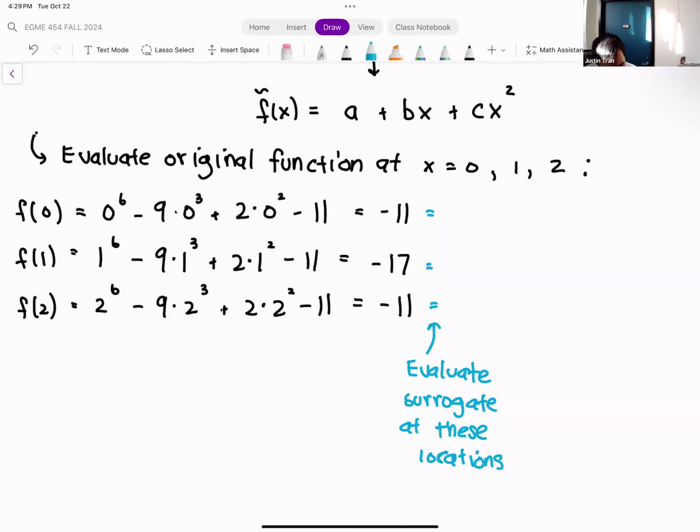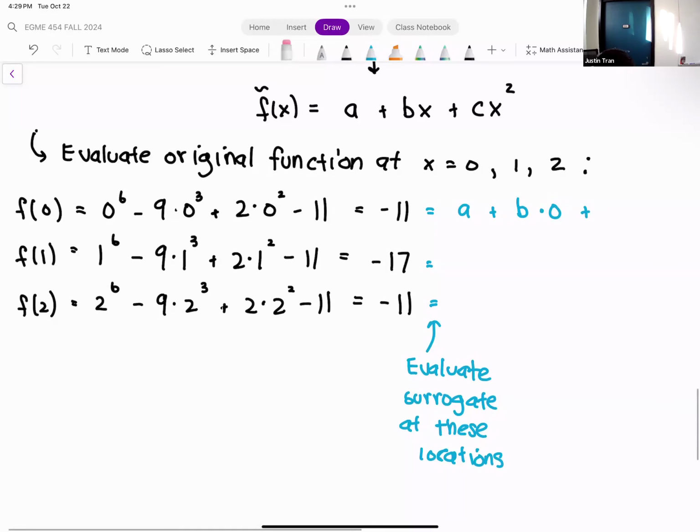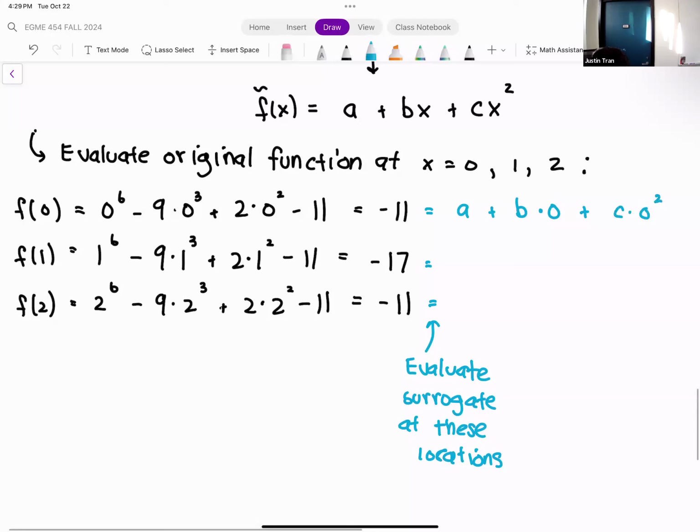Okay, so let's evaluate the surrogate at x equal to 0 on the first line. It's A plus B times 0 plus C times 0 squared. At x equal to 1, we have A plus B times 1 plus C times 1 squared.